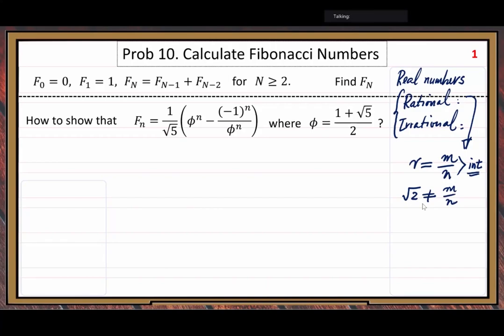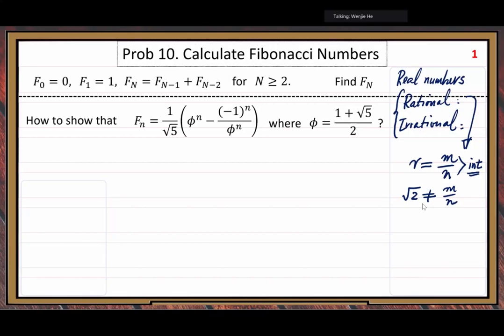In discrete math, you have a chapter on number theory, right? And in your number theory chapter, there is a subsection talking about this. You need to prove why root 2 cannot be represented as m over n.